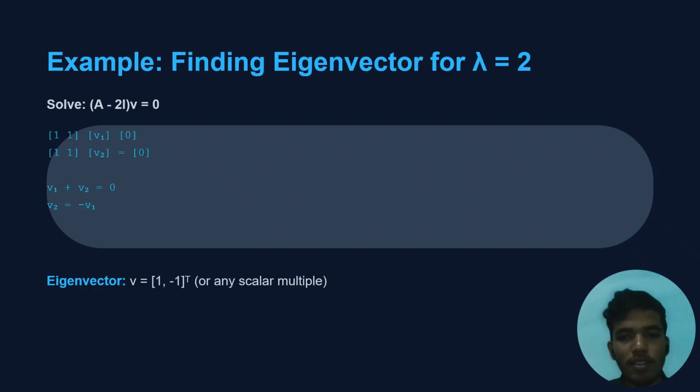When we substitute lambda equals 2 in the characteristic equation to get the eigenvector, we get v2 equals minus v1, so the vector transforms into the other dimension in a negative phase.